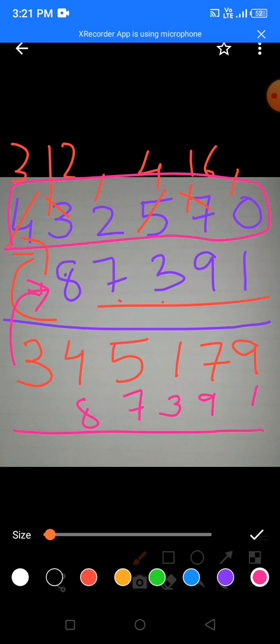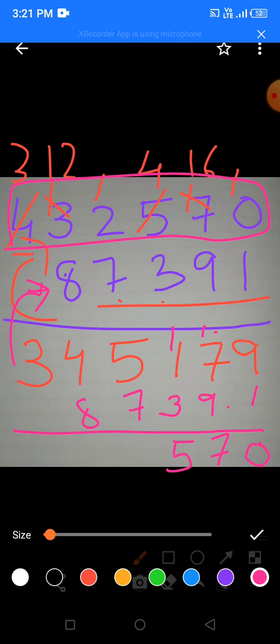Okay, now 9 plus 1 will give you 10. Carried 1, so 1 plus 9 is 10. 10 plus 7 is 17. So I've written 7, I've carried 1. So 1 plus 1, 2, 2 plus 3 is 5. So again I've written here 5. Then nothing is being carried out, so we'll leave there.